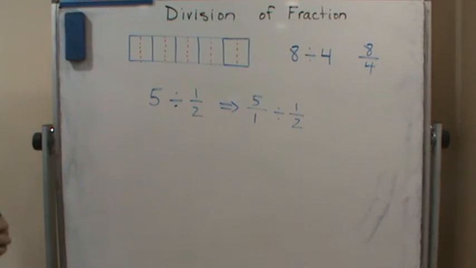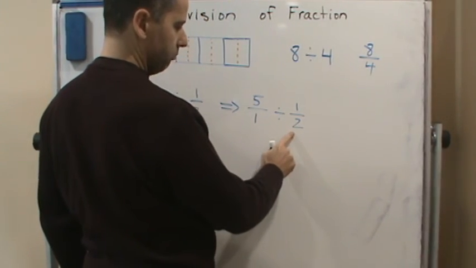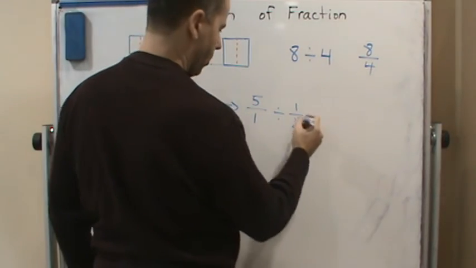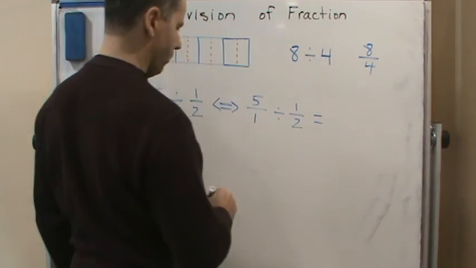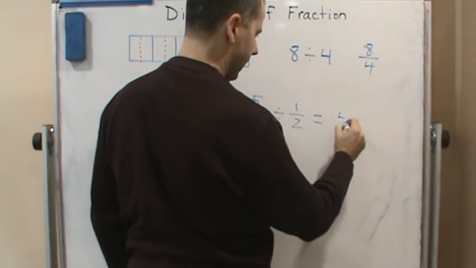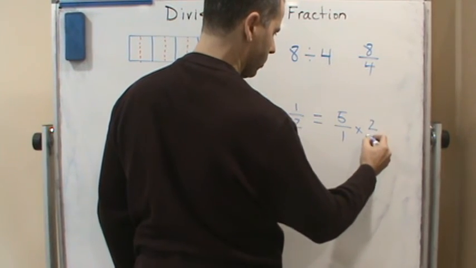What I can do is change this to a multiplication problem, but there's one thing I must always do: flip the divisor. So this is equal to 5 over 1 times 2 over 1.